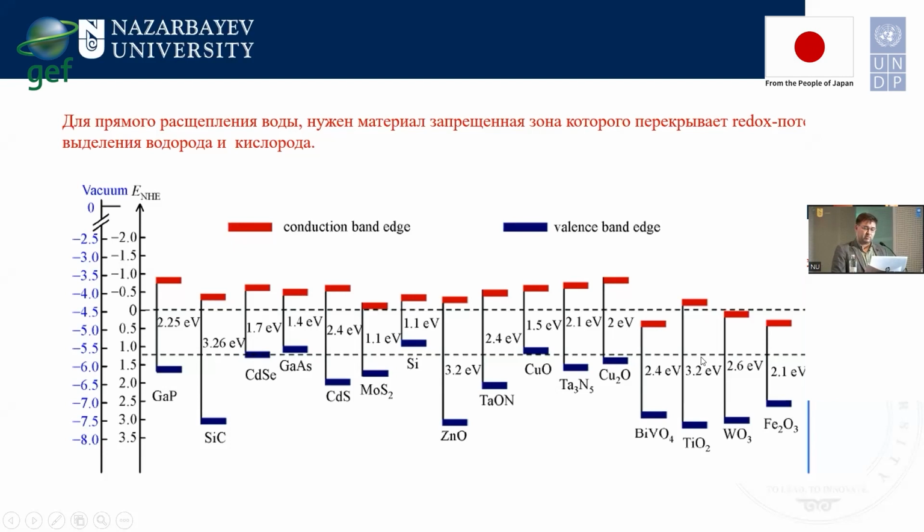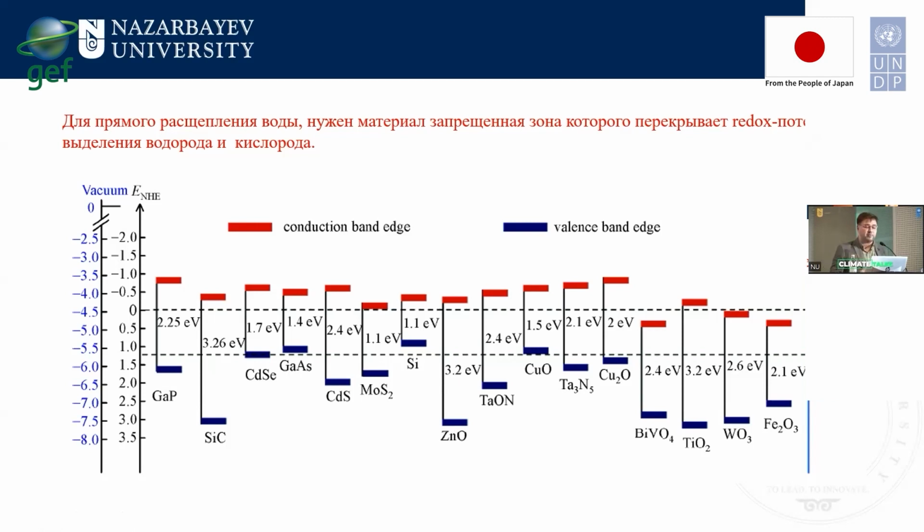If the width of your band gap is between these two potentials, then it actually matches for splitting water. Matching materials can be gallium phosphide, silicon carbide, tantalum oxynitride.